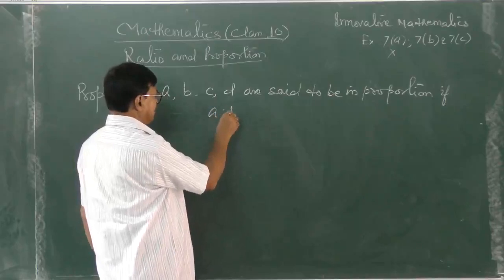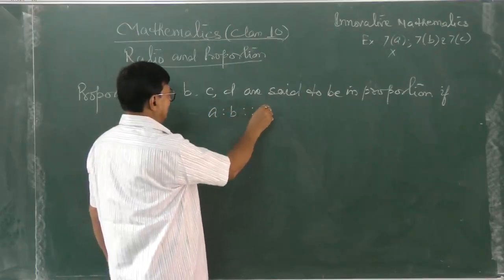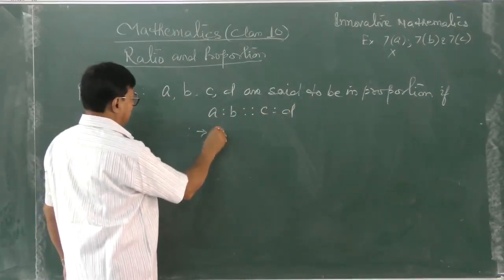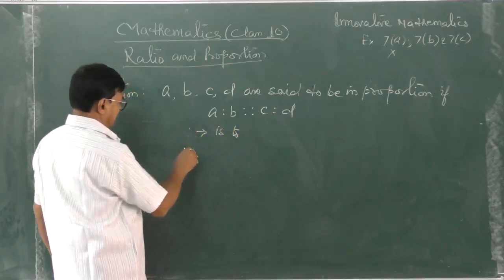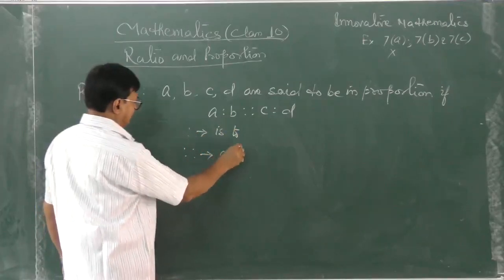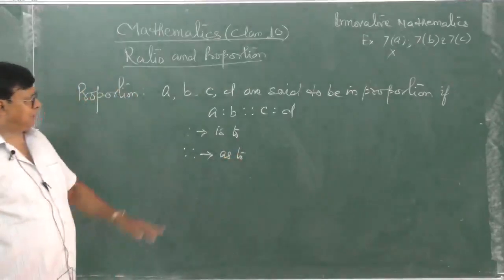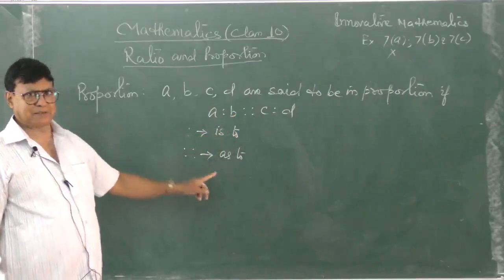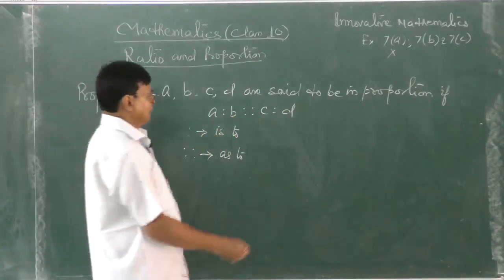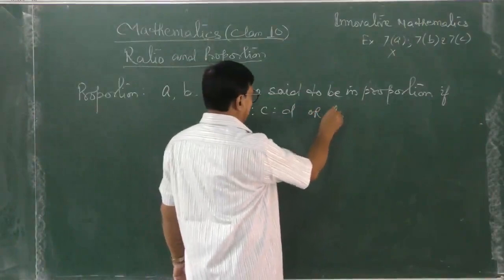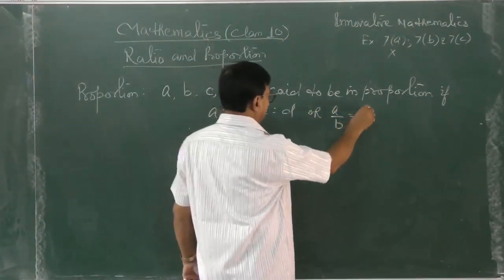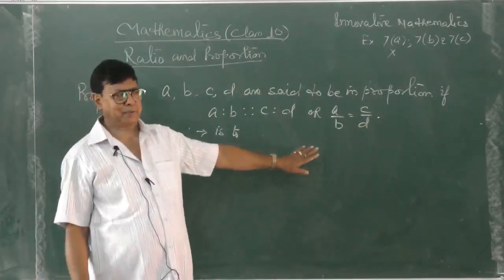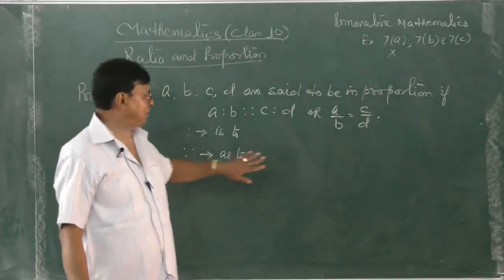So we write it as A is to B as C is to D. This sign is read as "as". Mathematically, we write it like this. For all practical purposes, we will write it as A by B is equal to C by D. This is only to read it, okay?